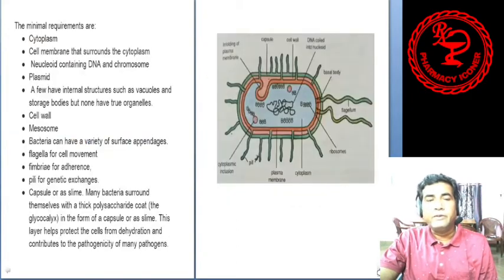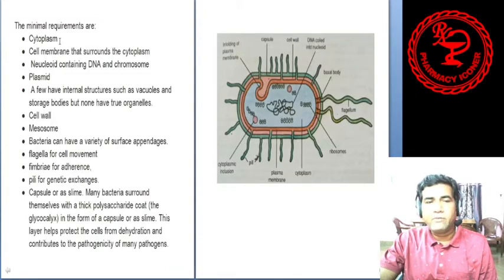Now these bacterial cells have the following organelles. These are the minimal requirements for a cell to be a prokaryote or bacteria. What is there?